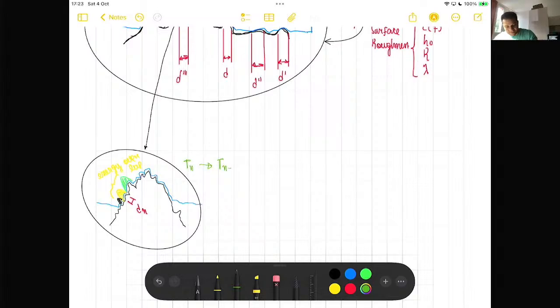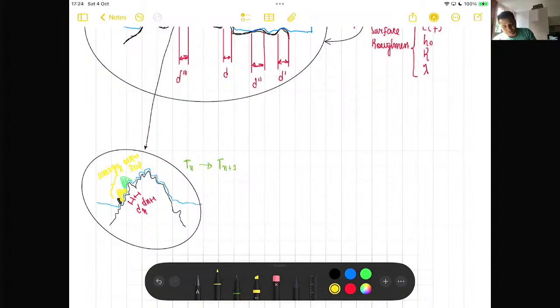Let's call N+1, for example. The energy here affects the energy in the black region and in the green region, and then in the subsequent asperities.